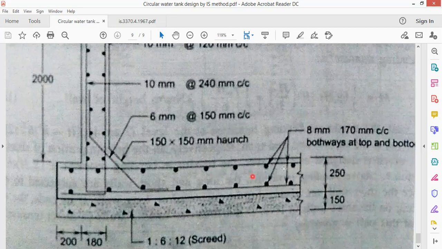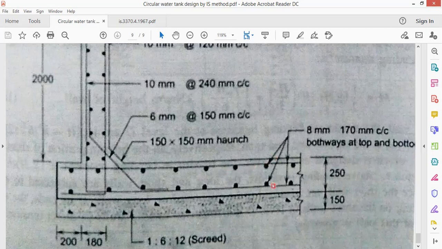And next, coming to the detailing of the slab, below this slab I need to provide 150 mm thick lean concrete screed, 1:6:12. Then the total thickness is 250 mm. Then reinforcement 8 mm dia bars at 170 mm center to center. As I said, both directions, both ways at top and bottom are to be provided, at top as well as bottom faces.